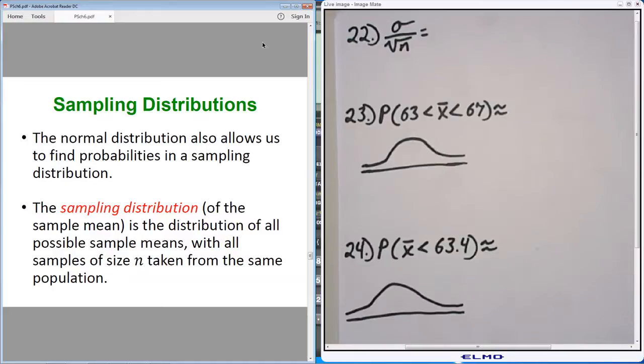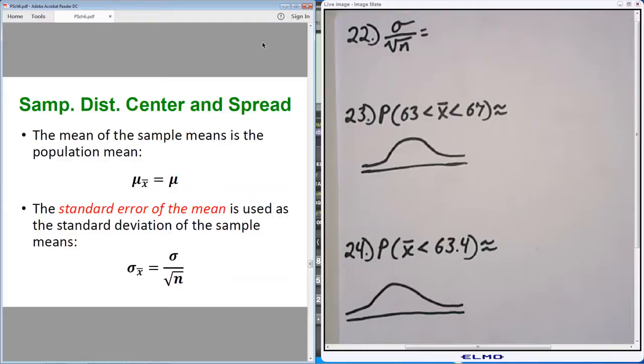It is the distribution of all possible sample means with all samples of size n taken from the same population. So instead of looking at individual values and how they're distributed, we're talking about means, averages of all the same sample size and how they're distributed from the same population.